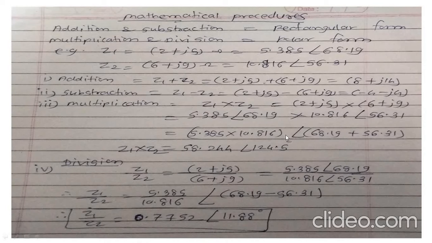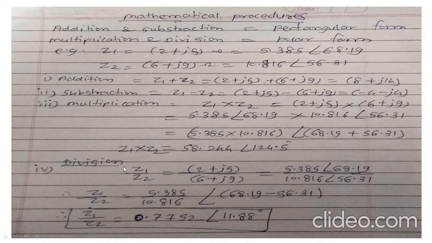But the most important point is that whenever we are doing multiplication, there is addition of angles. So these angles will get added because we are going through the multiplication procedure. So 68.19 plus 56.31. So Z1 into Z2 is 58.244 at an angle of 124.5 degrees.